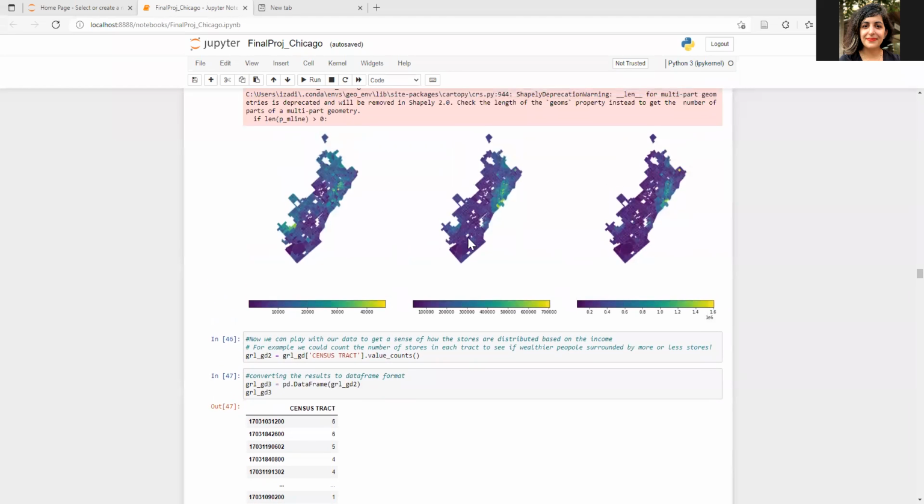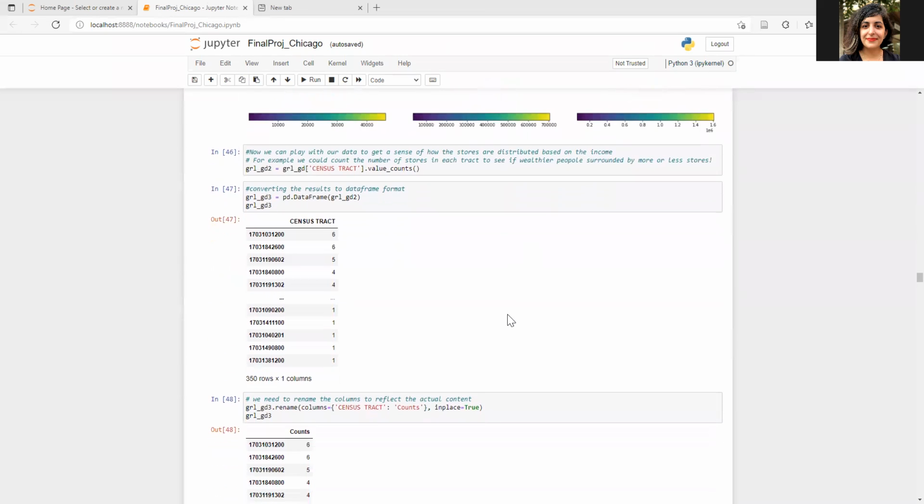So after looking at the income distribution in Chicago, I wanted to get a better sense of what's going on in each census tract in terms of the number of grocery stores. So I cleaned up my grocery store CSV file and counted how many grocery stores are in each census tract.